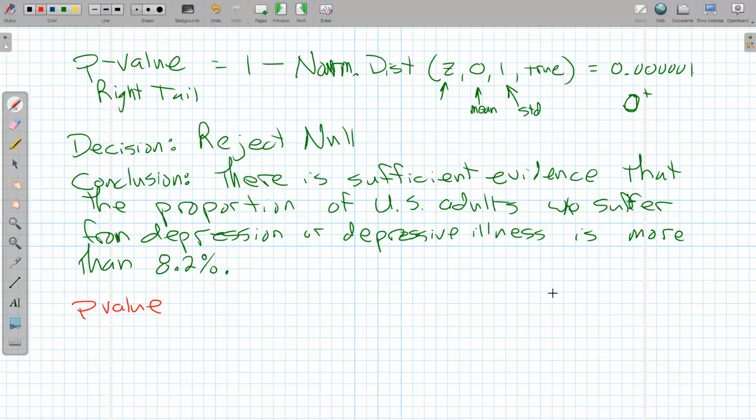There's a 1 in a million chance of finding another sample with a mean of at least 11.1% when we're expecting 8.2%. So that's what this p-value means. There is a 1 in a million chance. Basically, I'm just describing what I see.